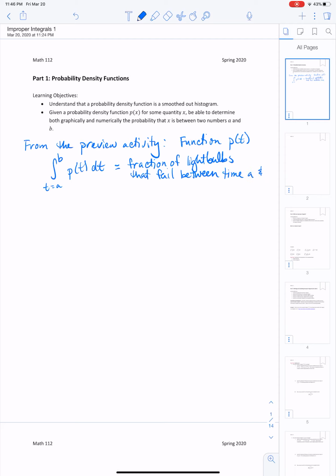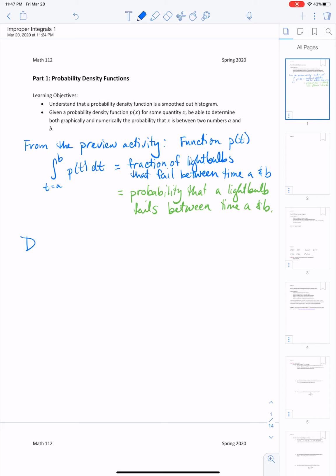time A and B. Let me just give you another way of thinking about that number. You can also think about that as the probability that a light bulb fails between time A and B. So functions like this are called probability density functions, sometimes just density functions.